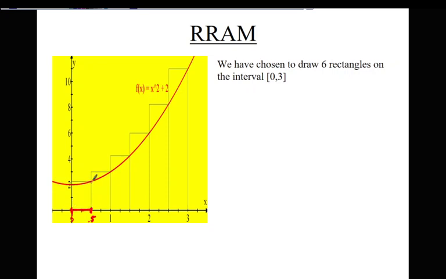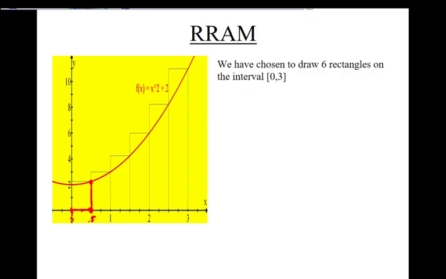The area of this is going to be determined by the height, and the height comes from my function. Okay, so the easiest way to do this is to start plugging in and finding the heights of each rectangle. For the first one, I plug in 0.5 into my function. That gives me the height of 2.25.